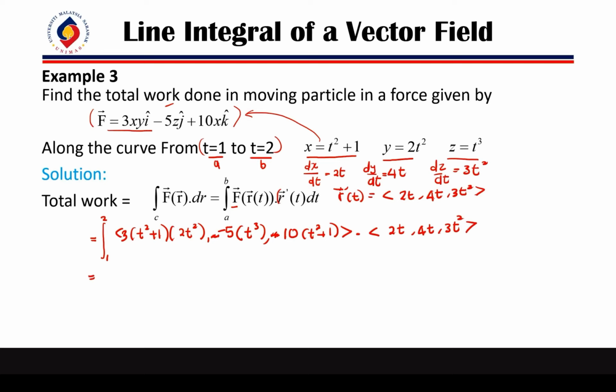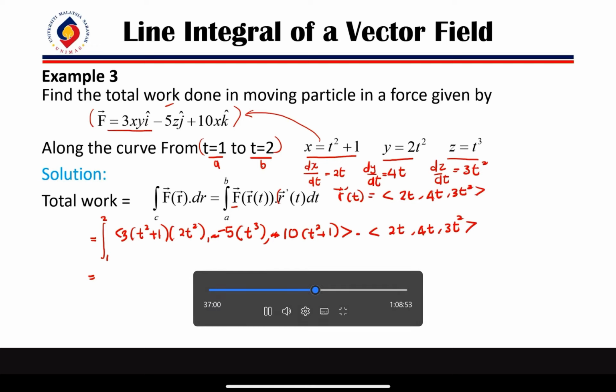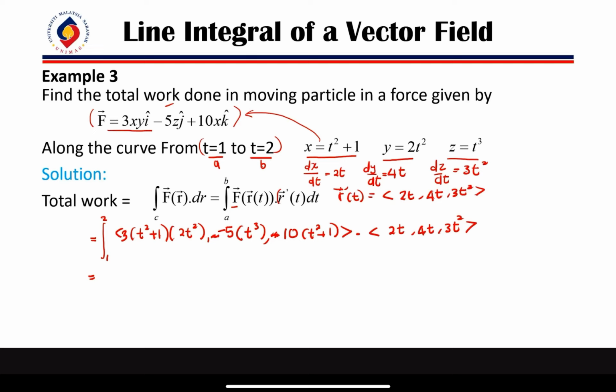Okay, so first we have to expand this formula here. So we get 3 times t squared... 6t squared is 3 times 2, 6t squared times t squared is 6t to the power of 4, plus 6t squared. This one we have to multiply with this component here, 2t.